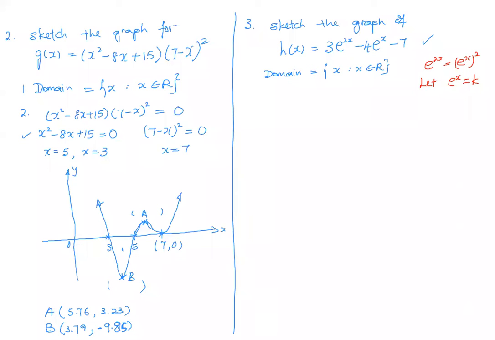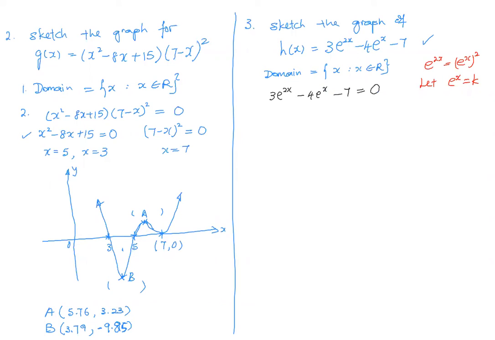Is it the Y2 or what? What do you mean by Y2? You want to find the x-intercept. So you have to put 3e to the power of 2x minus 4e to the power x minus 7. This is your h(x). Your y must be equal to 0.